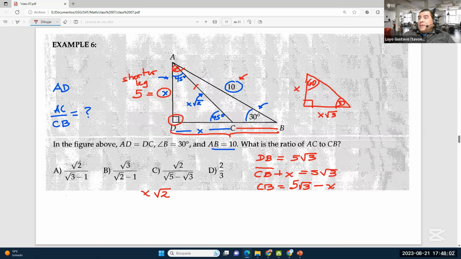Okay? So now, if we substitute this expression here, so we are forming this quotient, AC, which we know is X times the square root of 2, or we can now write it directly, right? Because it's 5 times the square root of 2, okay?